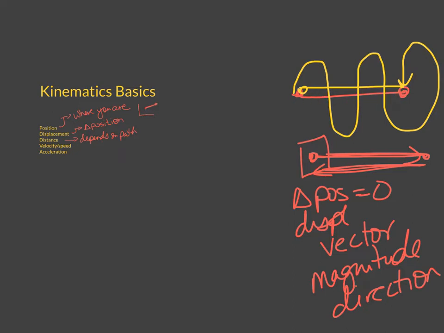Okay? Here my displacement is 0, and 0 doesn't have a direction, so it's not a big deal. Distance is a scalar, so it doesn't have direction. So notice I winded all over the place, and I just say I went 100 meters, not I went 100 meters to the right. So that would be displacement.